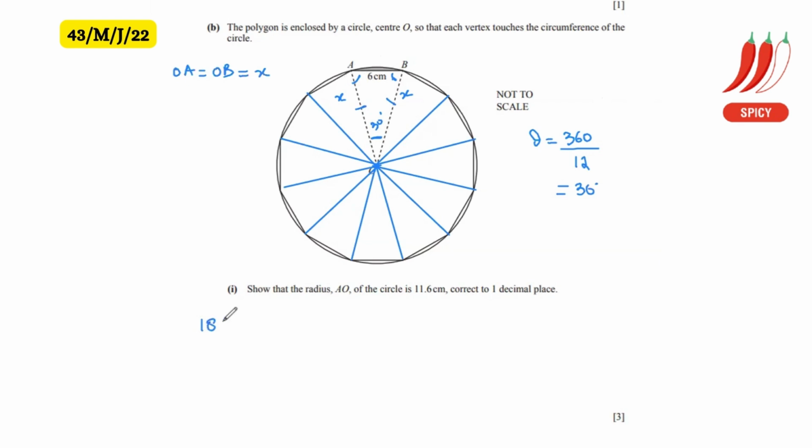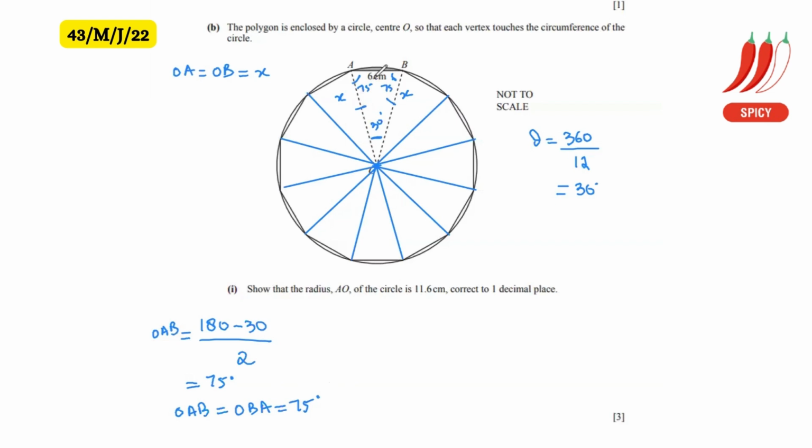So if we do 180 minus 30 divided by 2, that gives us 75 degrees. So this is angle OAB. Angle OAB is the same as angle OBA, which is 75 degrees. So we have all three angles now.